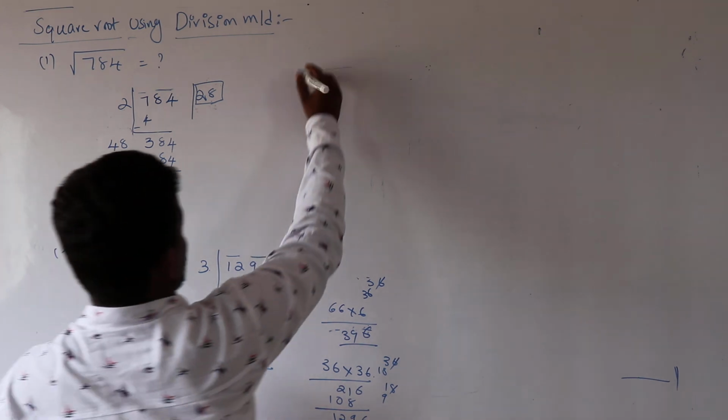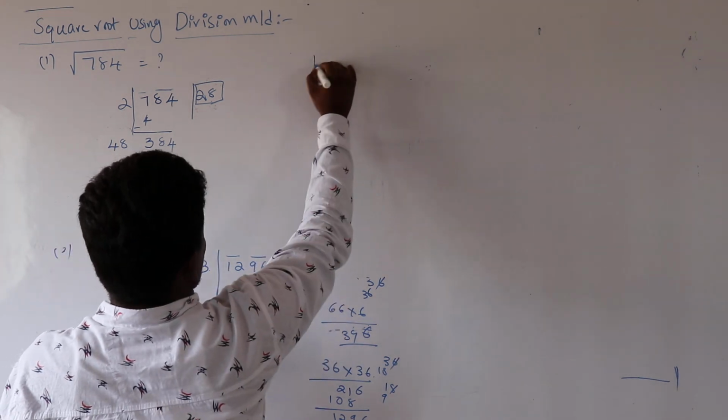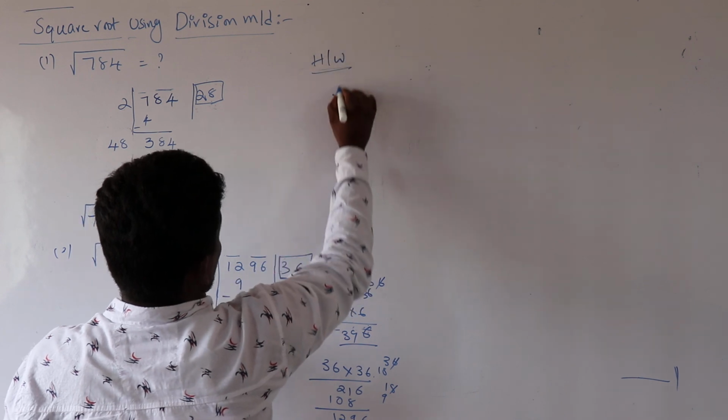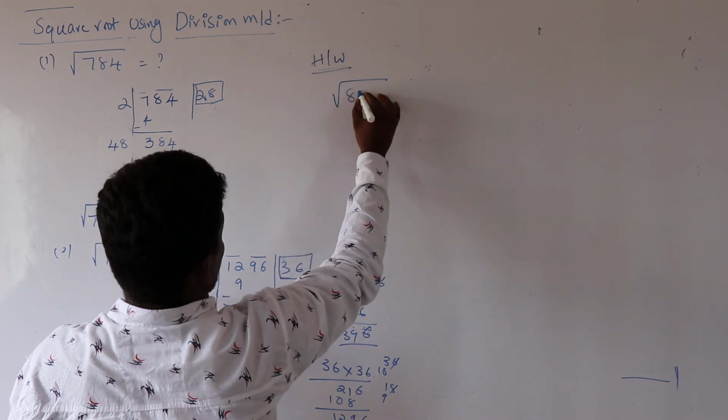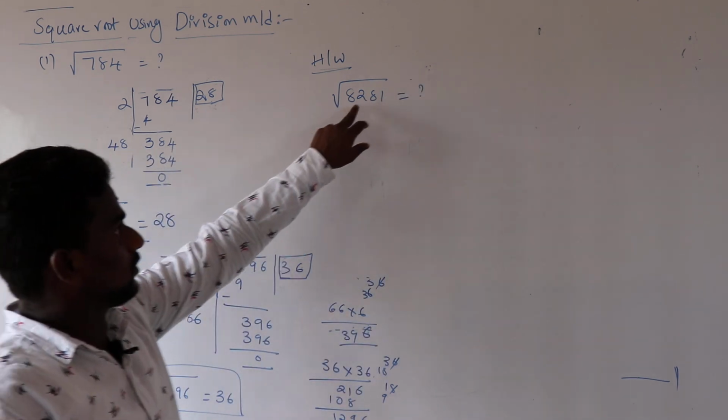Same question, same method, I will give one question, that is your homework. The square root of 8281, how much is it?